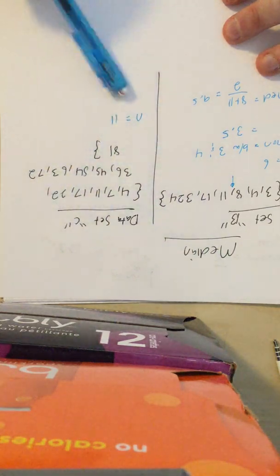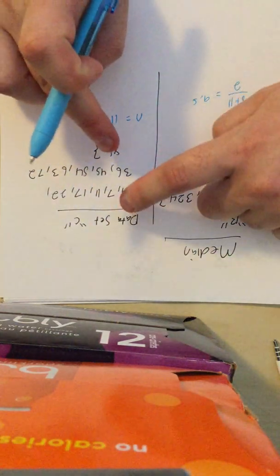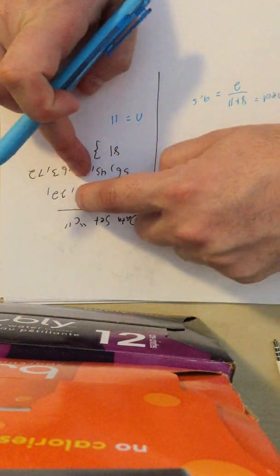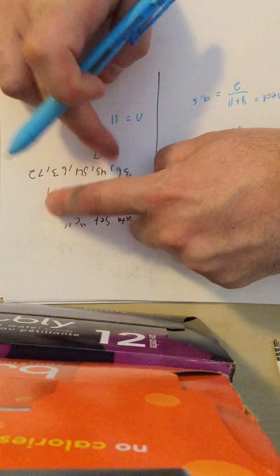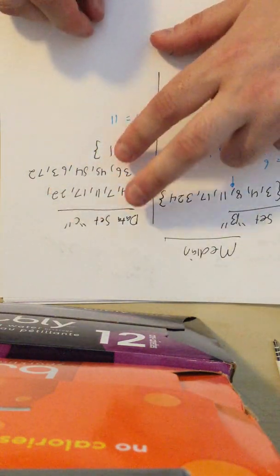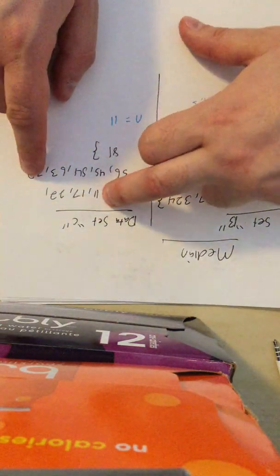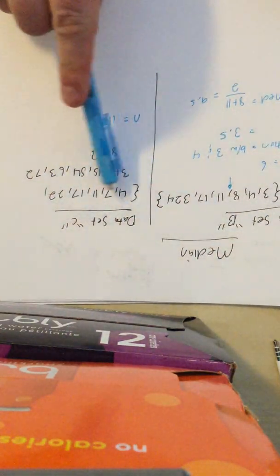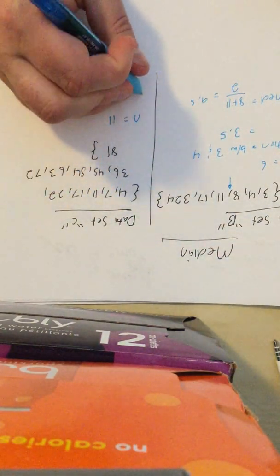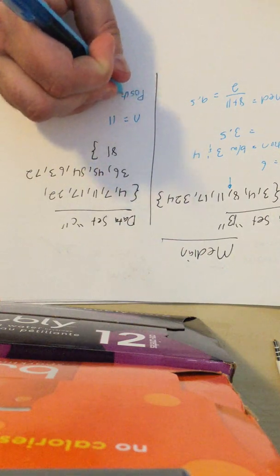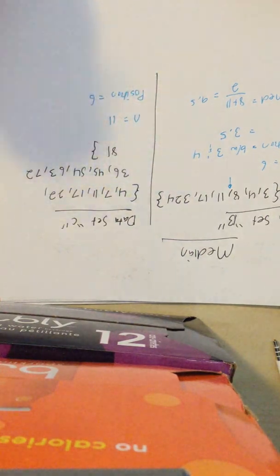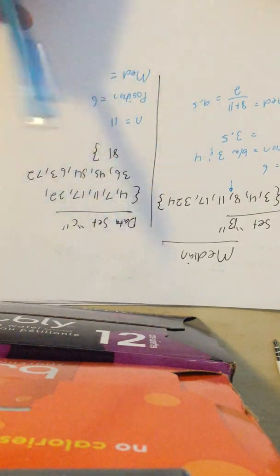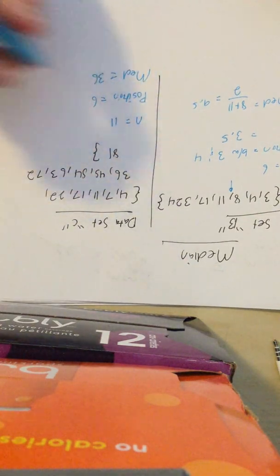Our n is 11, and the middle is going to be, oops, I screwed that up, didn't I? It meets over there. So it's the 6th position. The position of the median is going to be 6, not the actual median. The actual median is going to be 36 for this data set.